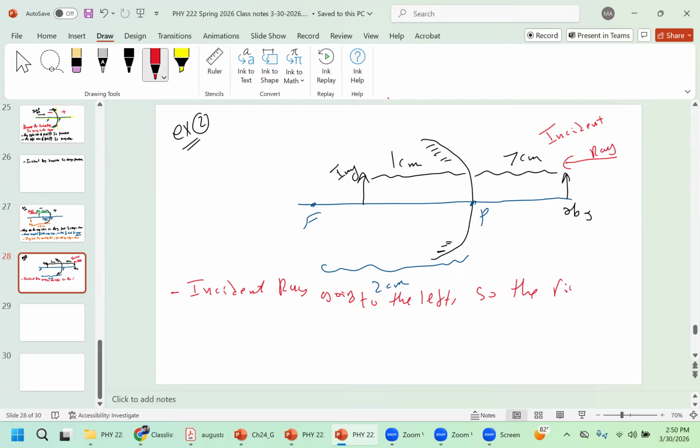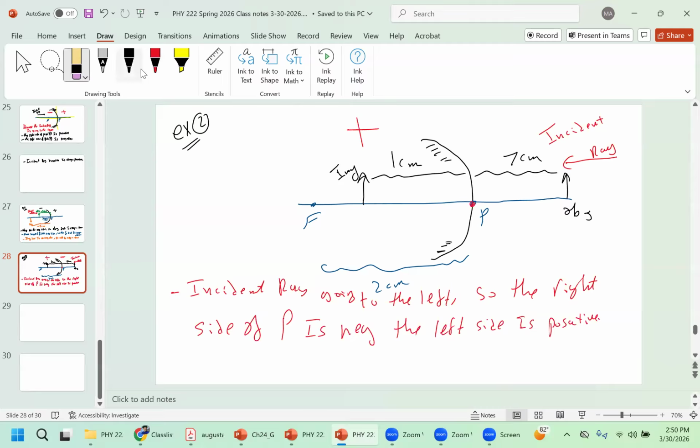So the right side this time of the pole P is negative, and the left side is positive. So basically, because it's going in here, here's your pole, that means this side is going to be positive. This side is going to be my negative.